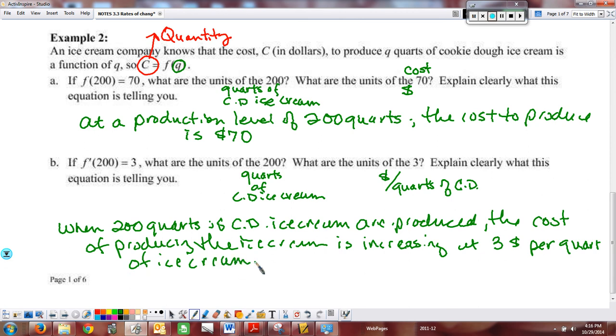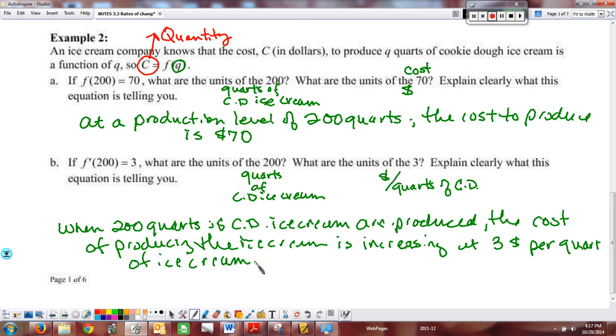Now remember this idea, and this is kind of why we look at this idea of marginal cost, is that at 200 quarts, to produce the next quart is going to cost me an extra $3. So that is kind of your instantaneous rate of change. That does not have to be the cost per quart, your marginal cost, at different places in time. Maybe it costs less after I'm on 200 quarts because I've already got my equipment in place, so it doesn't cost me that much.